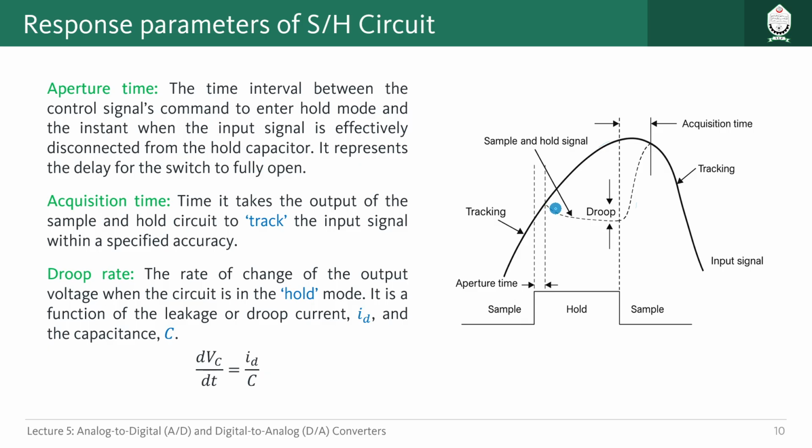If the capacitor cannot hold the voltage properly, this droop rate would be higher than the one we are seeing here. It is calculated using dVc/dt, the rate of change of the voltage across the capacitor, and it can also be calculated by Id divided by C. Id is the droop current or the leakage current, right? The leakage current from the capacitor, somehow the current is leaking, there will be some discharge, and because of that we are going to get some droop here.